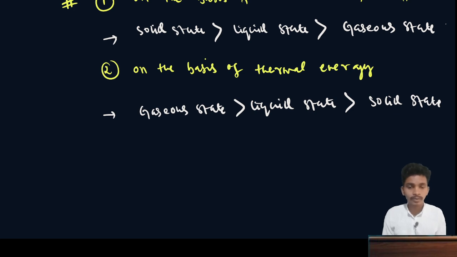So from here we see that if it is a gaseous state, what will the conditions be? It has the highest thermal energy, the lowest intermolecular force of attractions, and the lowest thermal energy.